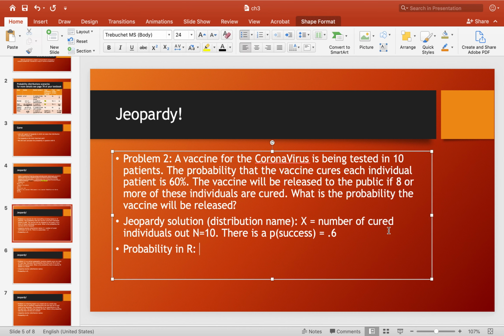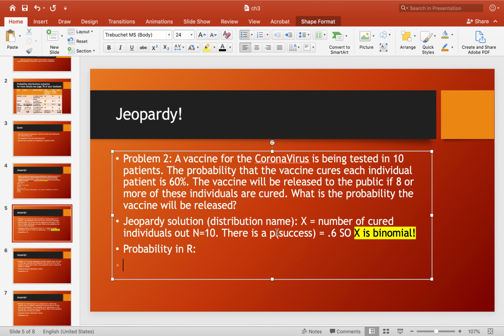So one thing we should write, X is binomial. And that is big.